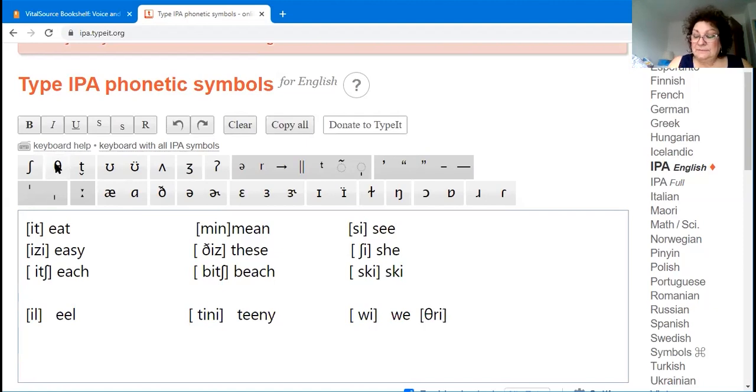E, "three." And if your name is Pete, "eat," now you know how to write your name in phonetics. Okay, I'm going to stop sharing this and go back to my keyword list, and this is how we're going to learn this.